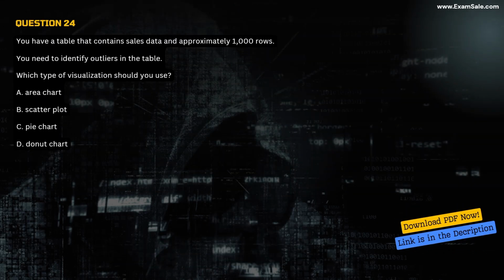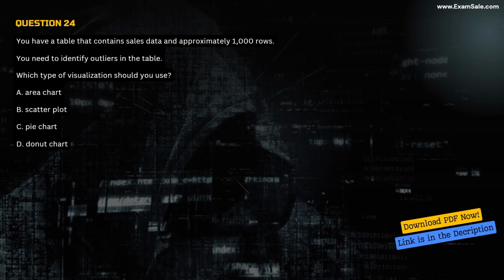Question 24. You have a table that contains sales data and approximately 1,000 rows. You need to identify outliers in the table. Which type of visualization should you use? A. Area chart. B. Scatter plot. C. Pie chart. D. Donut chart.